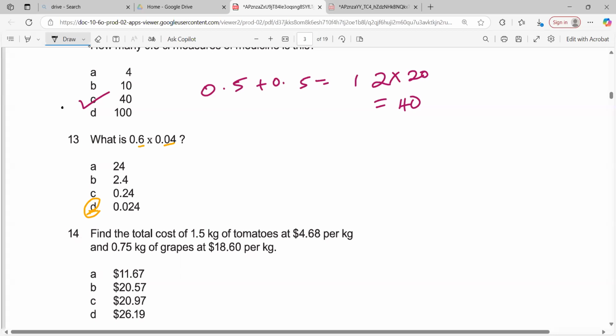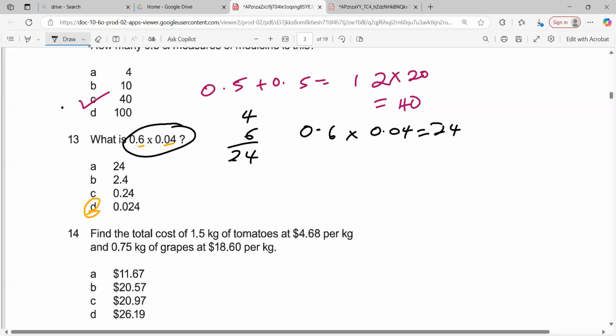All right, so it wouldn't be 24. And think about it. If 4 times 6 is 24, 0.6 is a fraction, right? So there's no way it's going to be the same thing. This could not be 24 because these are fractions or decimals, right?